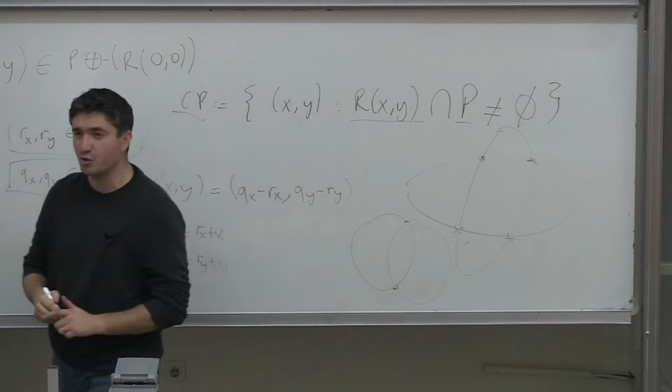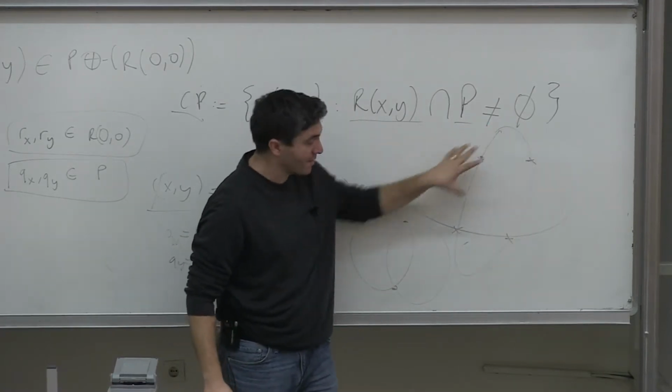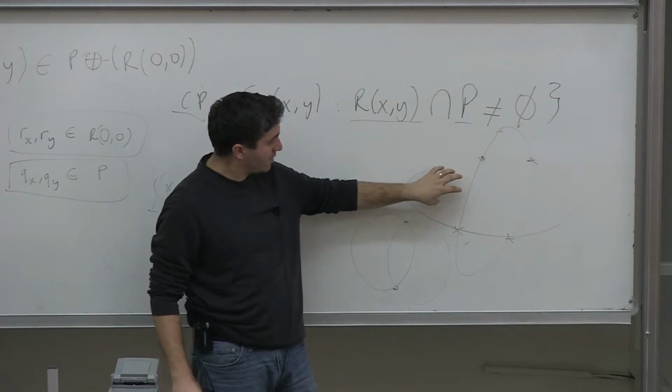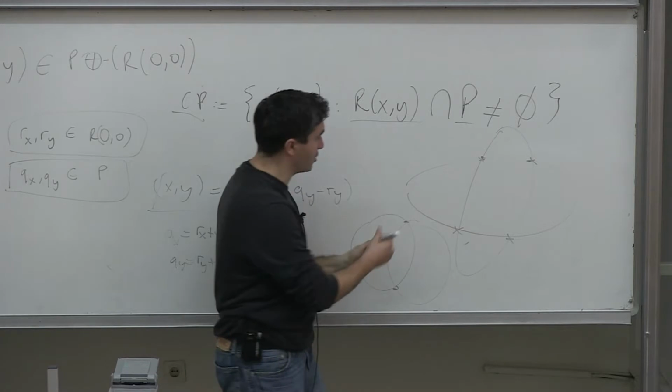Another definition of pseudo disks is that the intersection of the boundary of one polygon with the interior of the other polygon is a connected region. Here in ellipses it's a disconnected region.